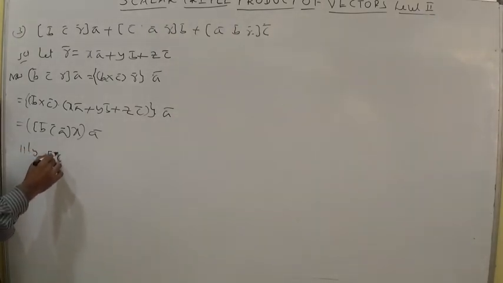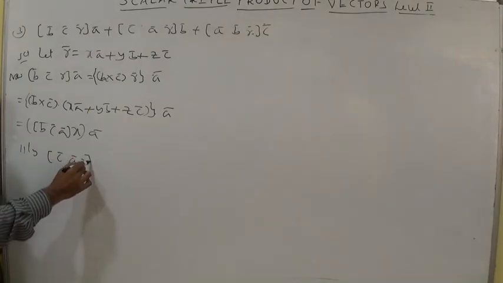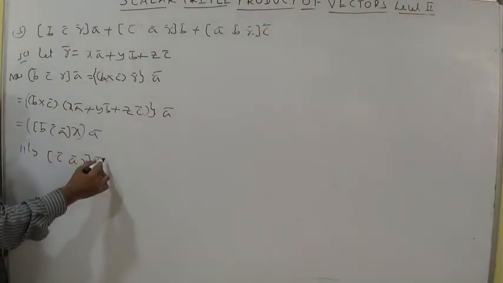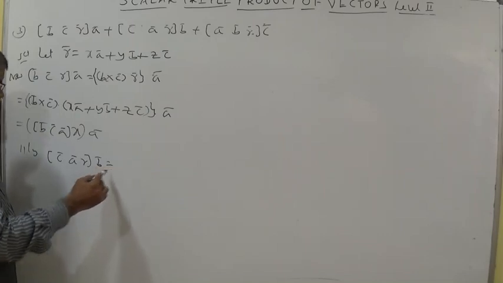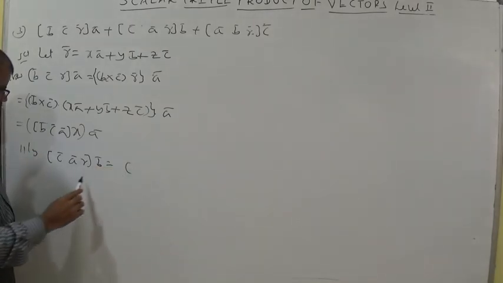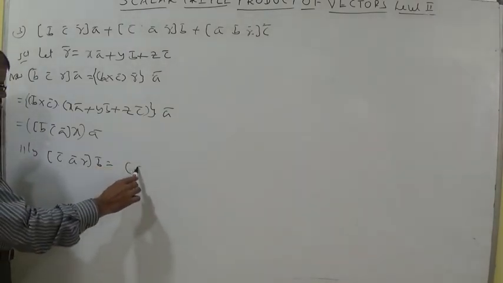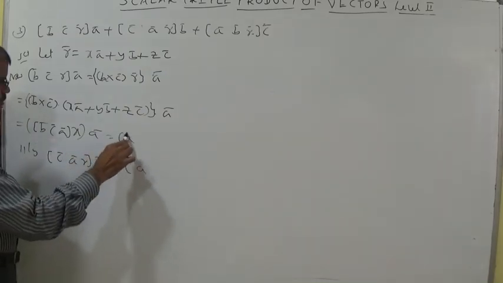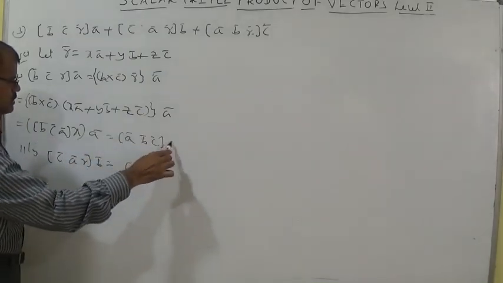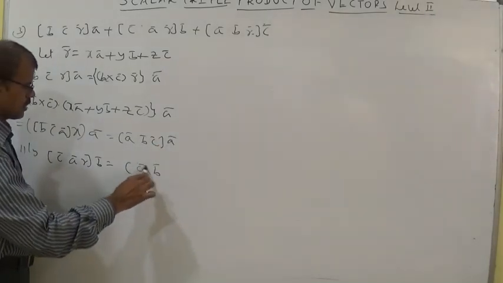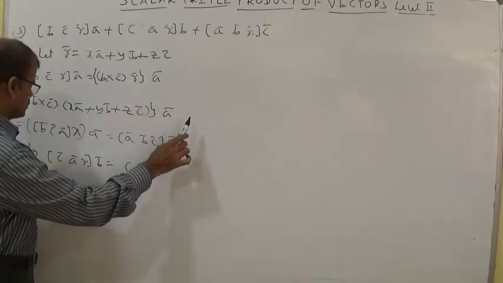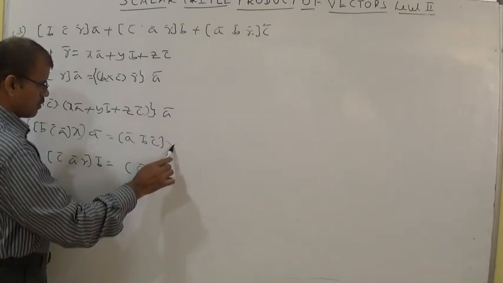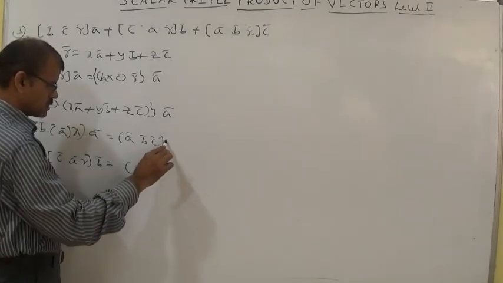Similarly, box CAR into B bar gives box ABC into Y into B bar. Box BCA is box ABC, so the first term is box ABC into X into A bar.